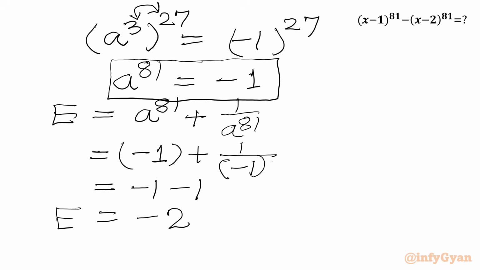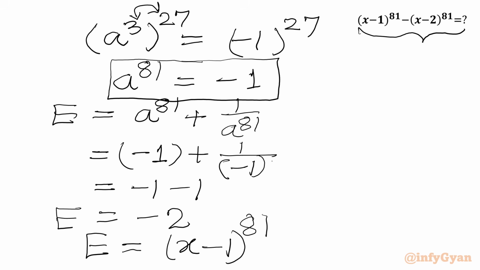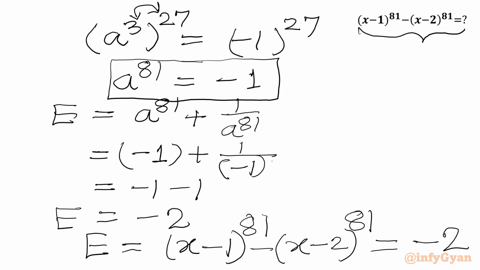So our required expression E will be equal to minus 2. (x minus 1) whole power 81 minus (x minus 2) whole power 81 will be equal to negative 2.